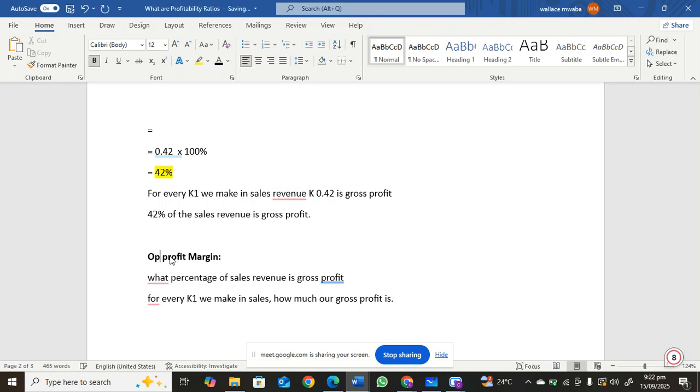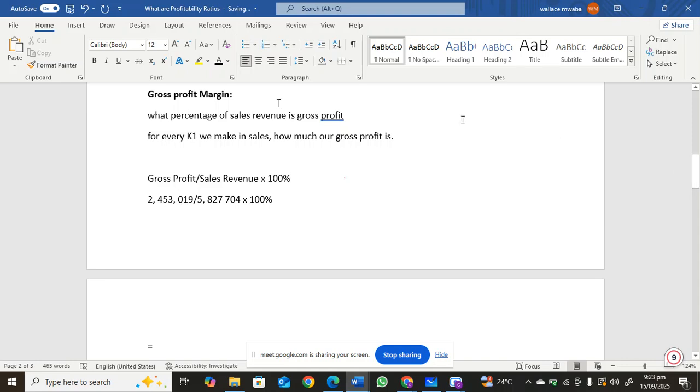Operating profit margin tells us what percent of sales revenue is operating profit, or for every one kwacha we make in sales, how much our operating profit is. The formula is similar to gross profit margin: operating profit over sales revenue.